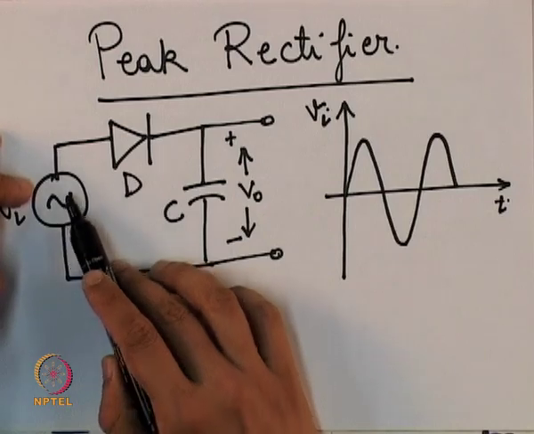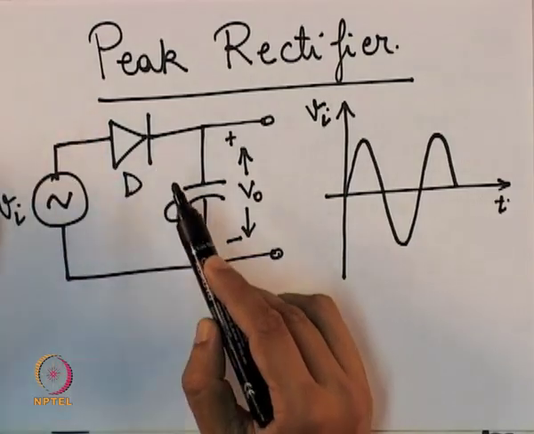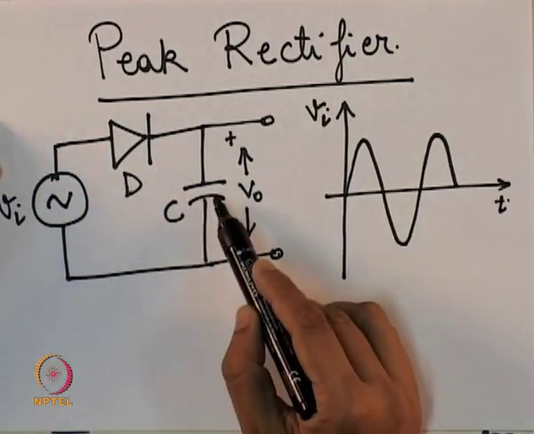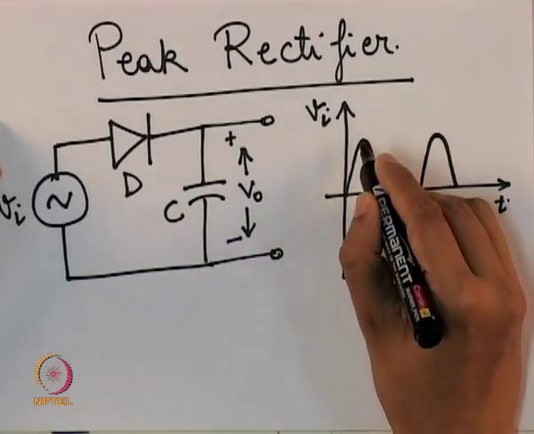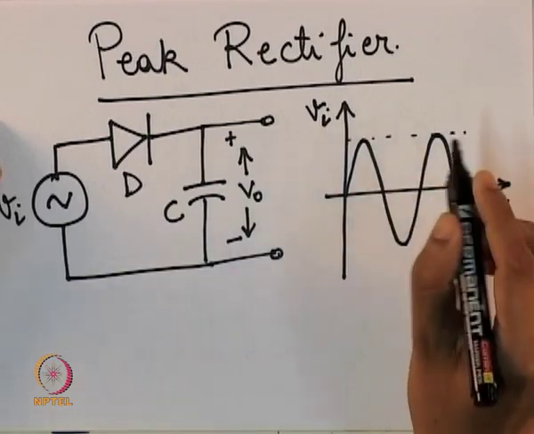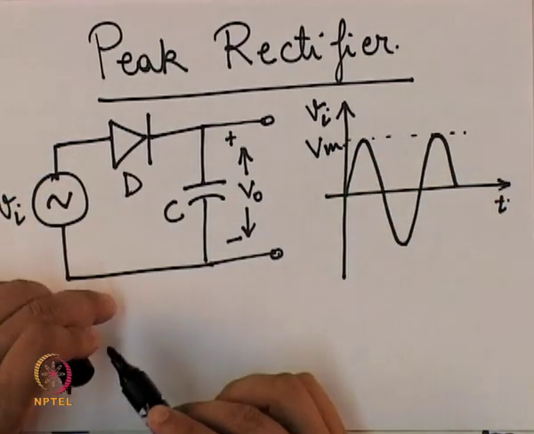Now, during the positive half cycle, this diode will be forward biased and the capacitor will simply charge right till its peak value. Say, I call that peak value Vm.